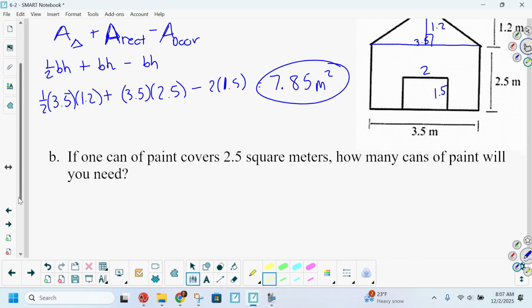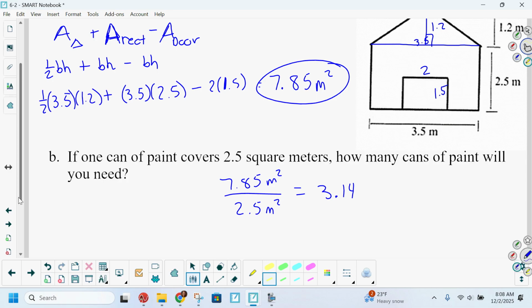Next it says, if one can of paint covers 2.5 square meters, how many cans of paint will you need? So I'm going to take the 7.85 meters squared and see how many 2.5 square meters fit into it, and I get 3.14. If you've ever painted before, you always want to buy more because you never want to have to go back and get it remixed. Sometimes it doesn't look like the exact same color, so you really want the paint mixed one time.